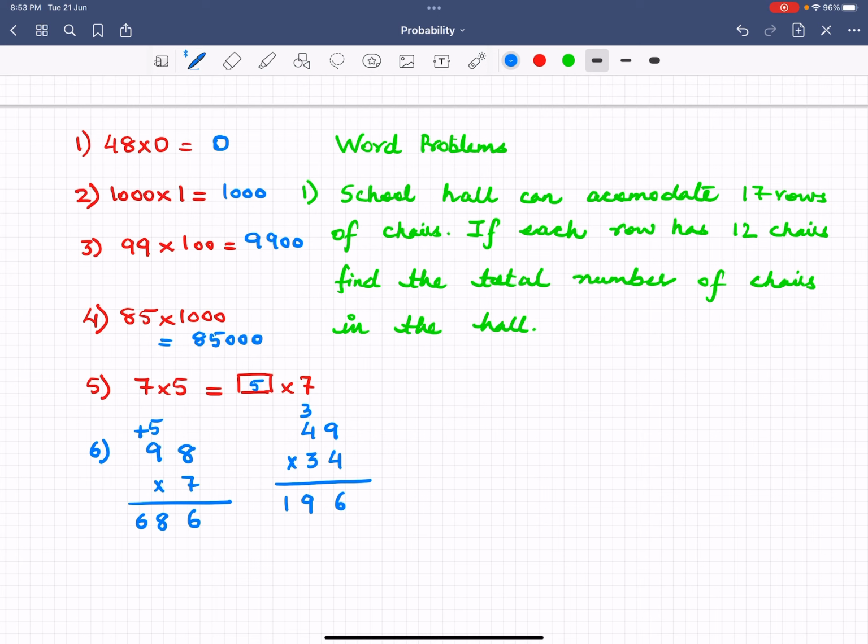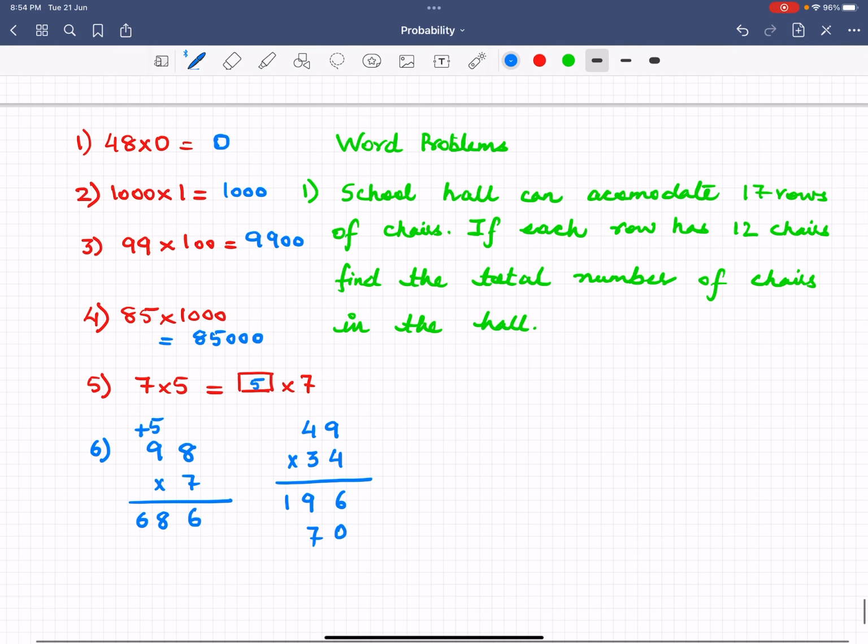Now before we move ahead with the multiplication of the next digit, which is 3, we'll just clear out the carry forward. Now 3 is in the tens place. So when we multiply 3 by 9, the answer must be written in the tens place. Therefore, we add a 0 here. So 3 into 9 is 27. We write 7 here and 2 is carried forward.